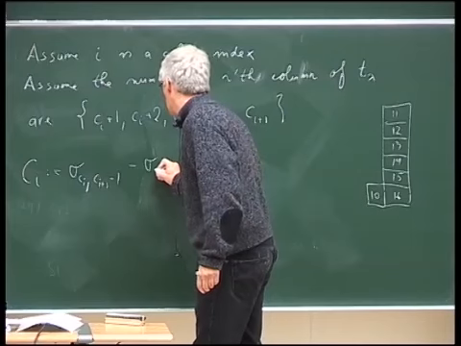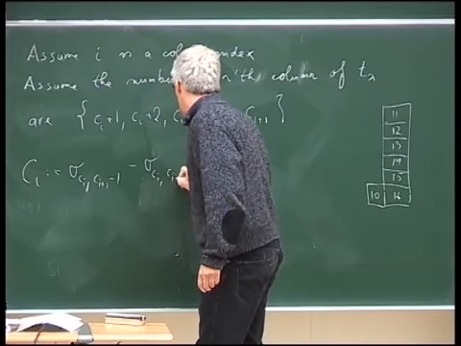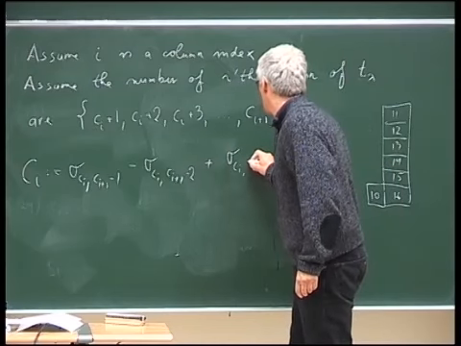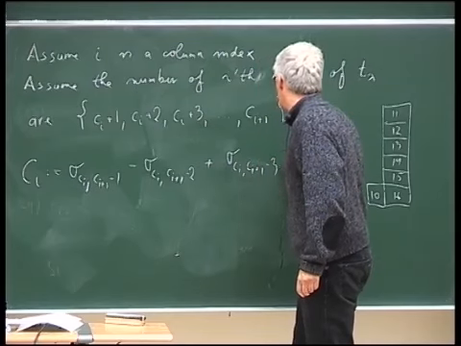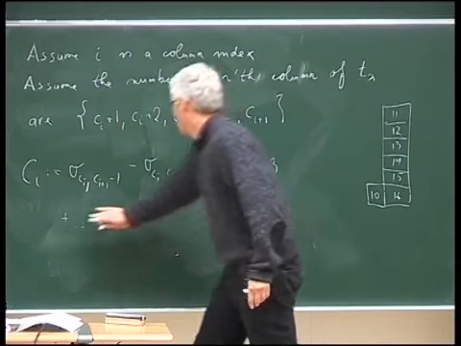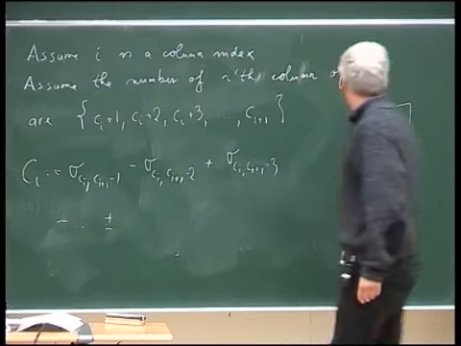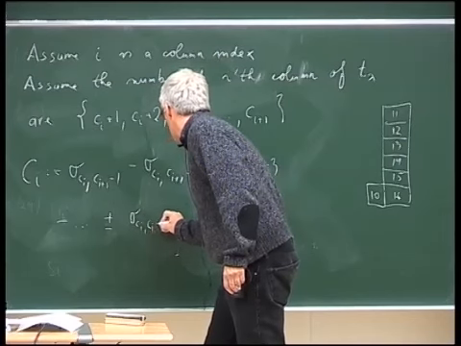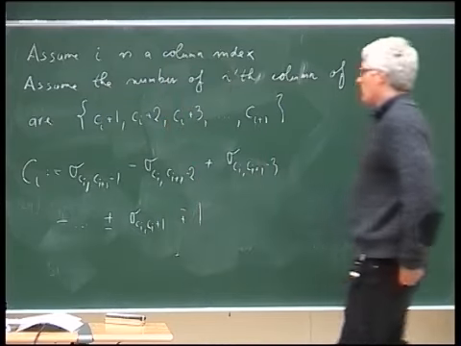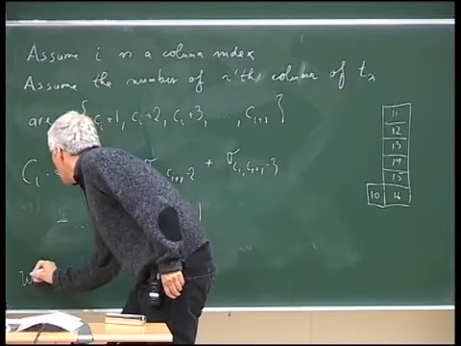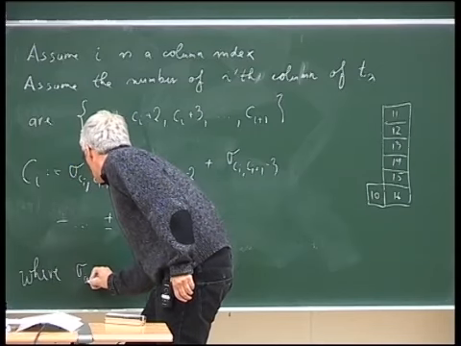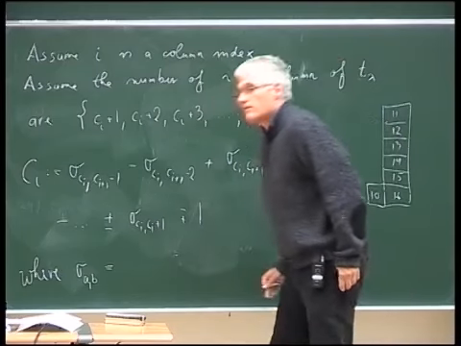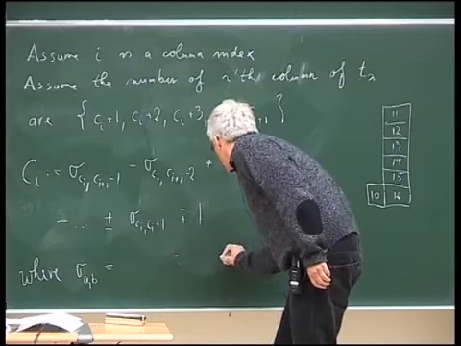Minus sigma c_{i+1} minus 2, plus sigma c_{i+1} minus 3, and this goes on all the way down to plus or minus sigma c_{i+1} minus 1, where sigma a,b, whenever a is less than b, is the following element of the symmetric group.